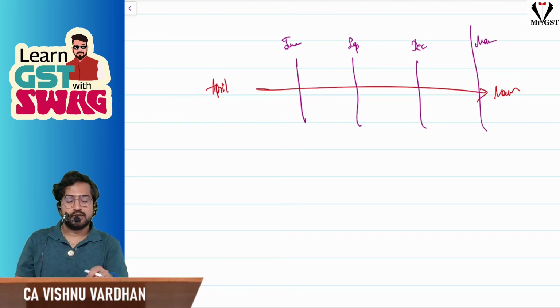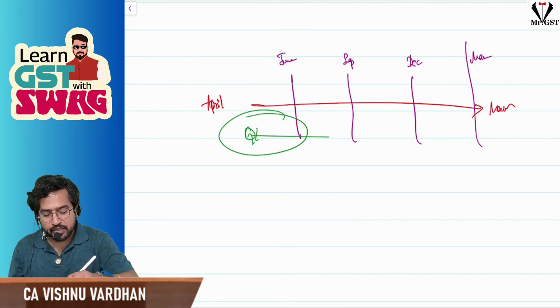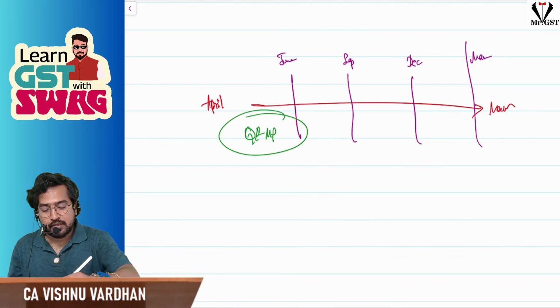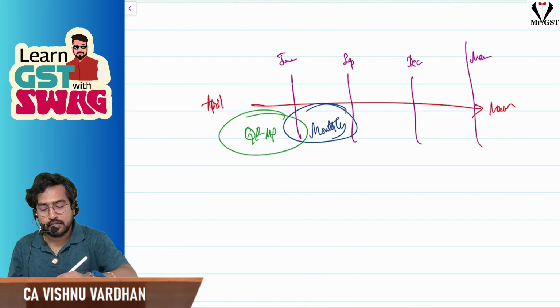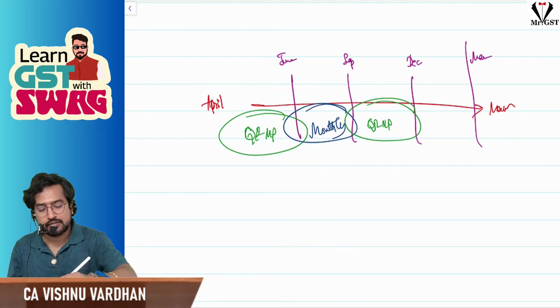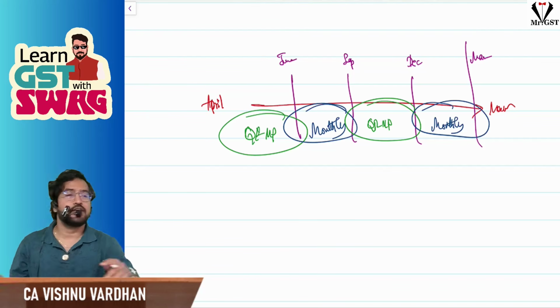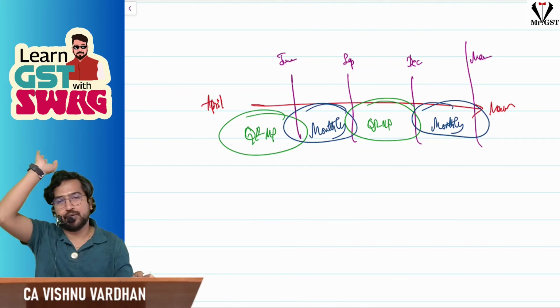Now the point is, here you can go with QRMP. Here you can go with monthly. Again QRMP. Again monthly. But once you select an option and you don't deselect it, it will continue.